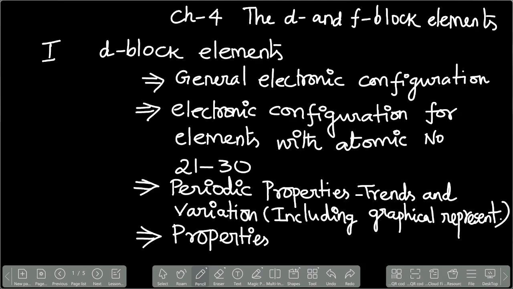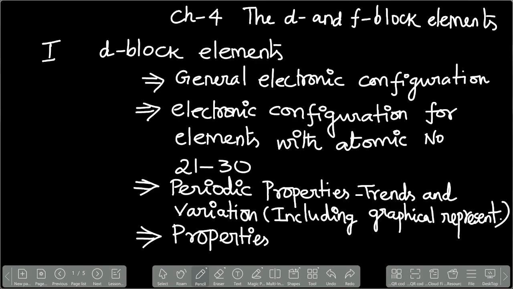And periodic trends. Periodic trends means atomic radius, atomic radii, ionization enthalpy, electron affinity, electronegativity, right?